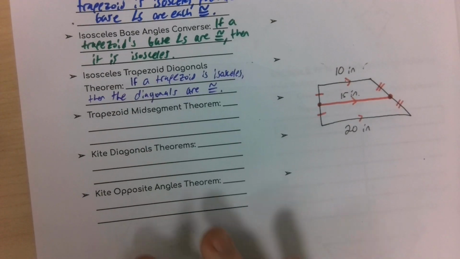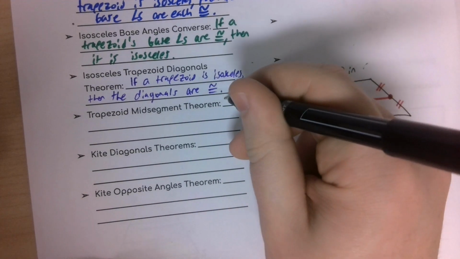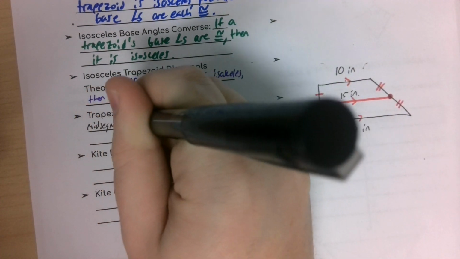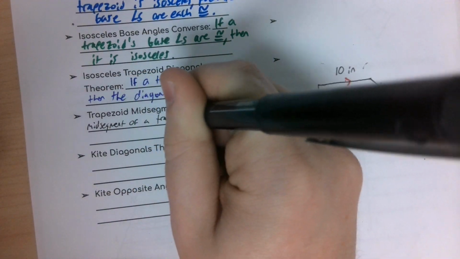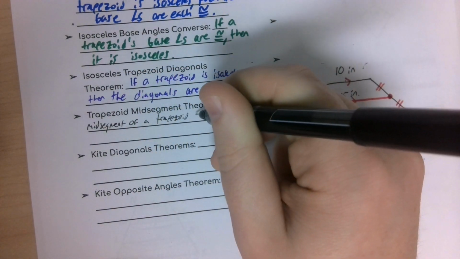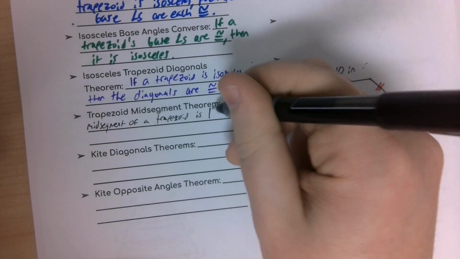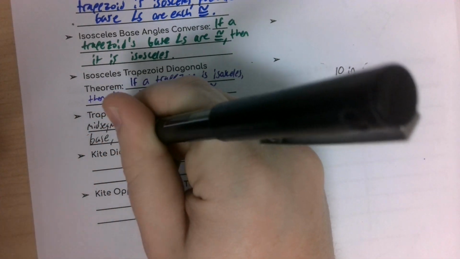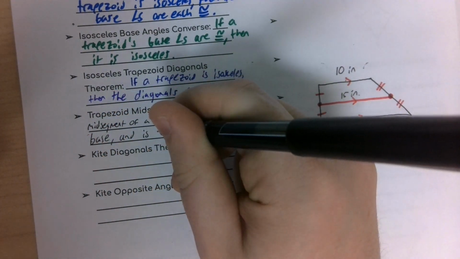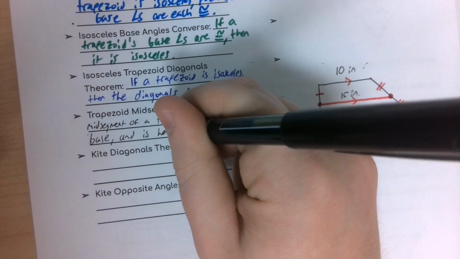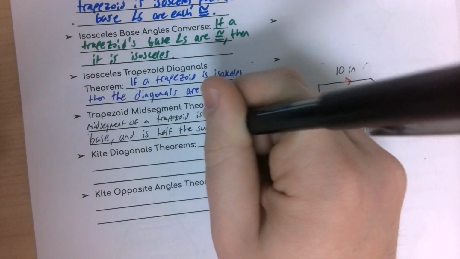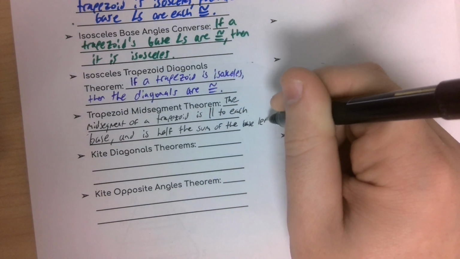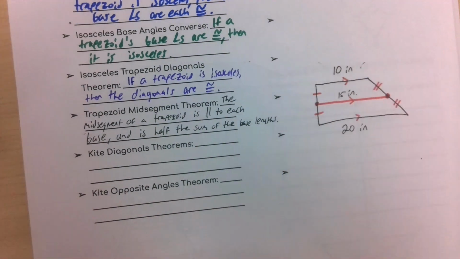So, the trapezoid mid-segment theorem says the following. The mid-segment of a trapezoid is parallel to each base and is half the sum of the base lengths.